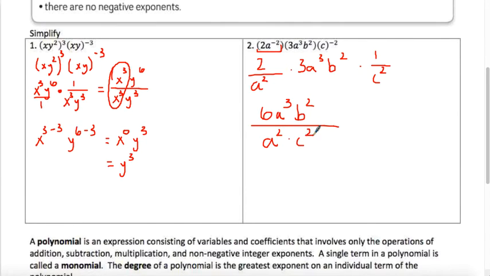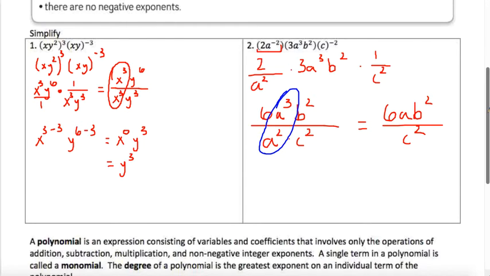And from here, the only thing we can simplify is a to the third minus a squared right here. That's going to come out to a to the first power in the numerator. So that gives us 6a times b squared all divided by c squared.